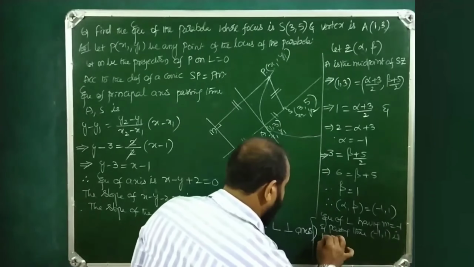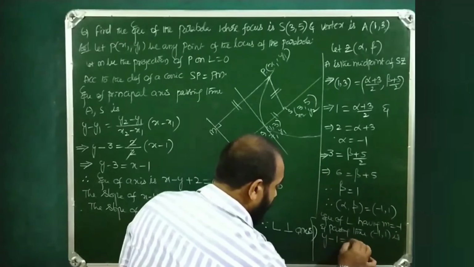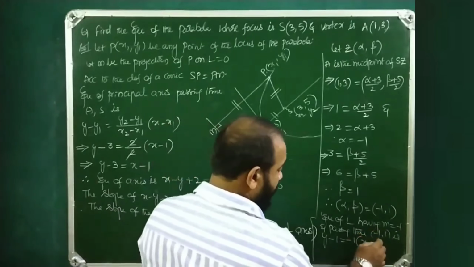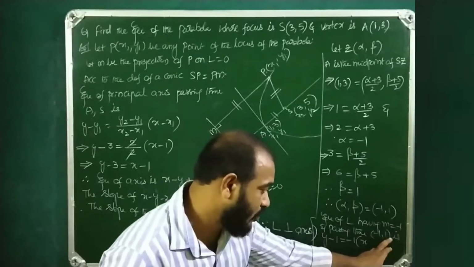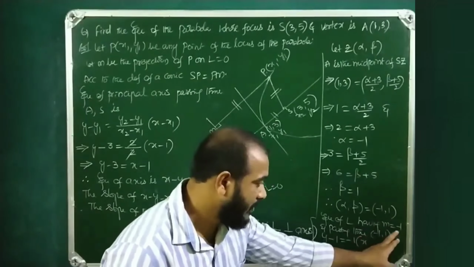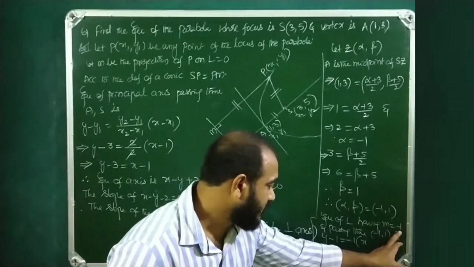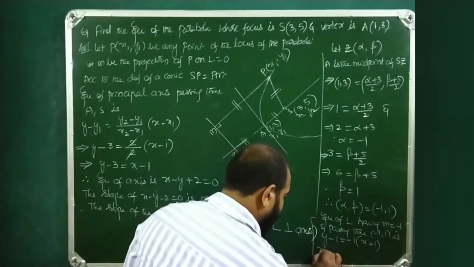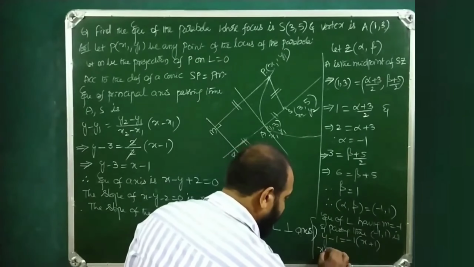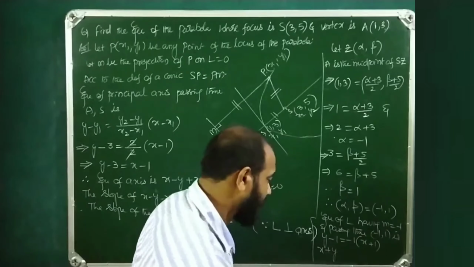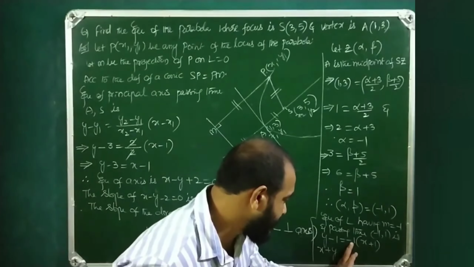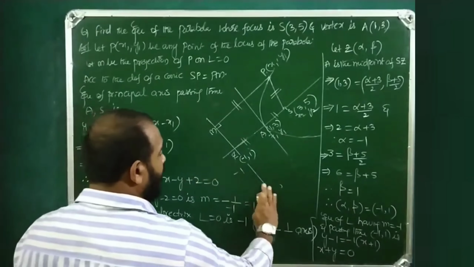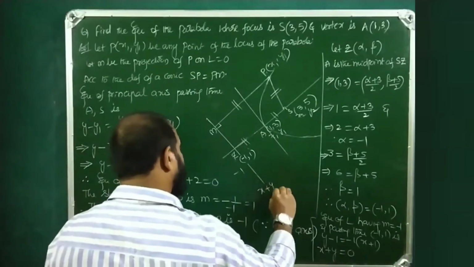So y minus 1 equals m into x minus x1, with m equals minus 1, so y minus 1 equals minus 1 into x plus 1, which equals minus x. If you transpose, plus x plus y, the minus 1 gets cancelled, so x plus y equals 0. Therefore, this line is x plus y equals 0.